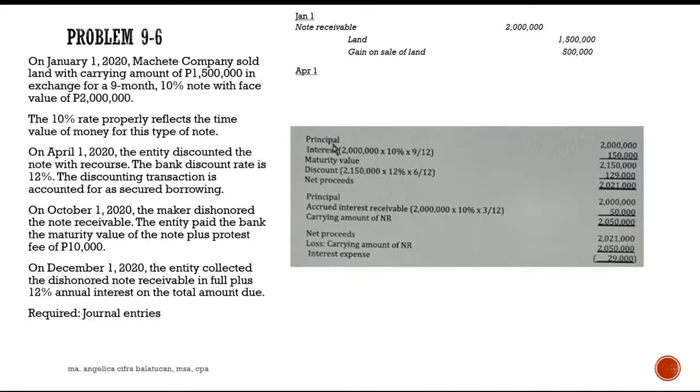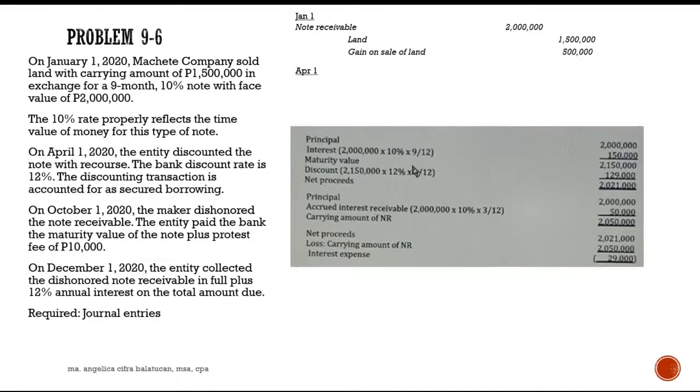So, the net proceeds here would be, again, we need to get the interest for the entire duration of the note. That's 9 months. And then the discount is based on the remaining months or the unexpired nga months. So since January ni siya, January, February, March, 3 months man ang nilabay until April 1.